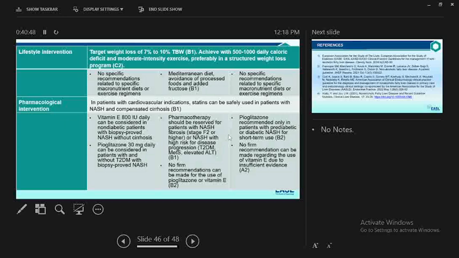Pharmacotherapy should be reserved for patients with NASH, especially fibrosis grade 2 or more, and patients with metabolic risk factors. According to the EASL guideline, pioglitazone is recommended only in pre-diabetic or diabetic NASH for short-term use.